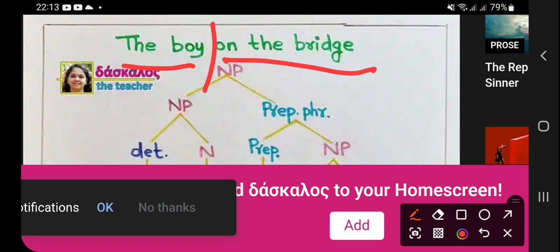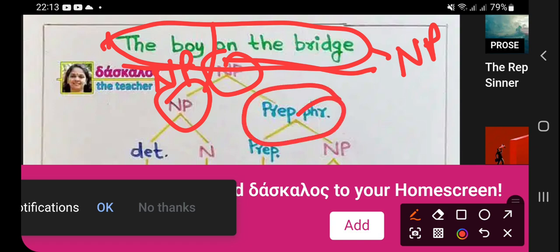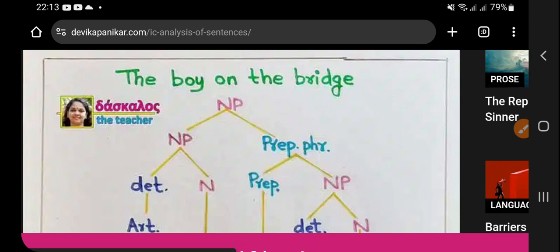So the boy is a complete noun phrase, and on is a preposition, so on the bridge is a prepositional phrase. Very simple, interesting, but we have to remember. So the whole, the boy on the bridge, is a noun phrase.